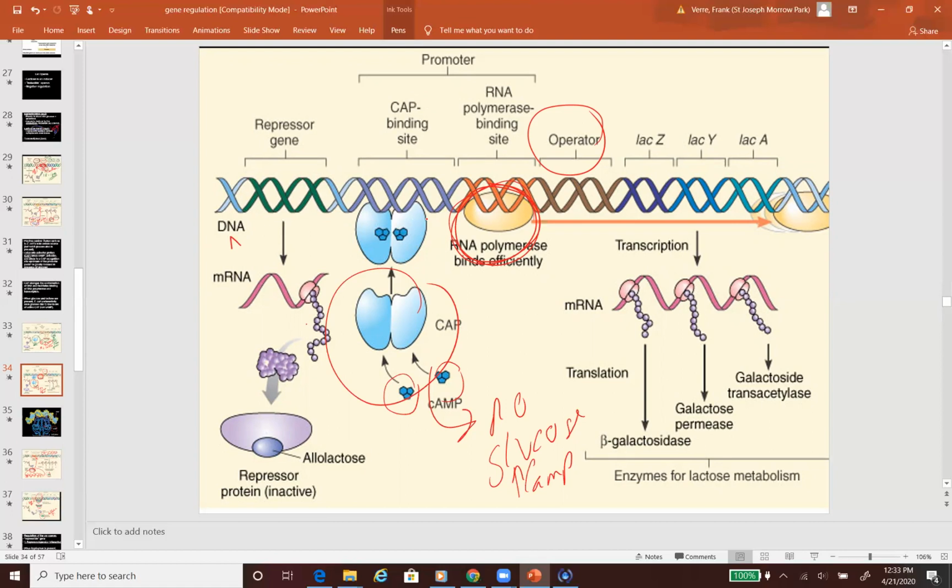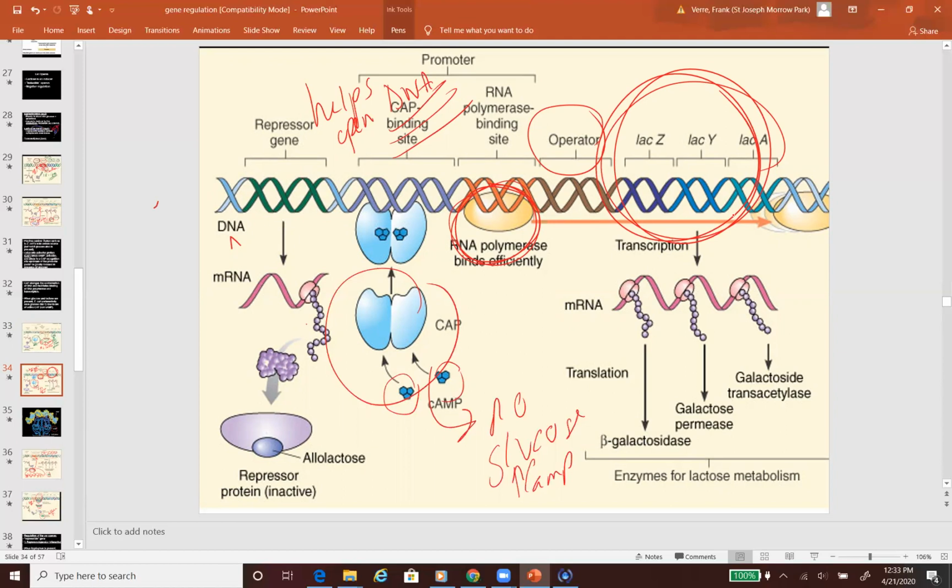But what it does when it binds is it actually helps to open the DNA. The easier it is to open up the DNA, the faster we can copy down and transcribe and translate these genes to make the enzymes required to break down lactose.